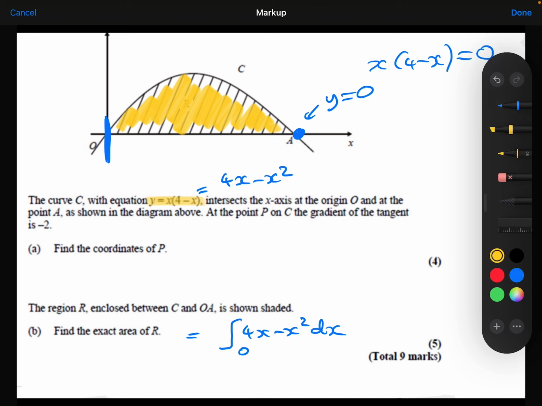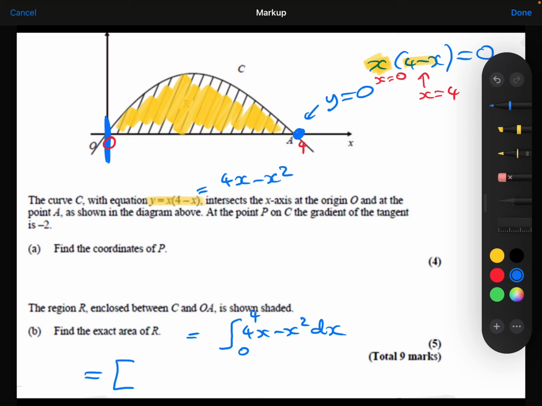Well, it equals 0 at 0, which we already knew here, or according to the 4 minus x here, when x is 4. So my upper limit of integration is 4.